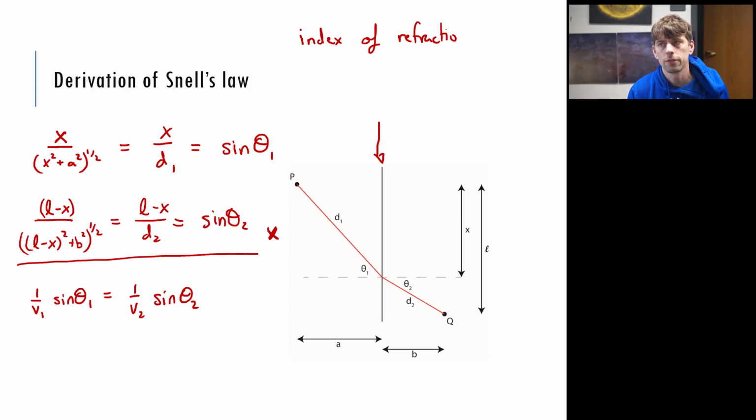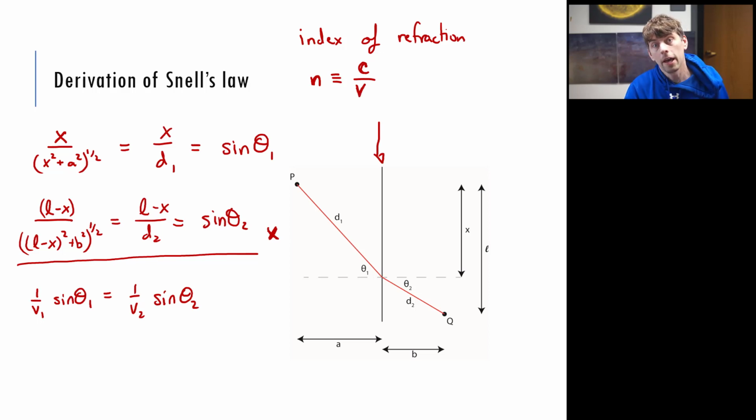So first off, the index of refraction is simply a ratio. Historically, the variable n has been used, and the index of refraction is defined as the speed of light in vacuum divided by the speed of light in a given material.